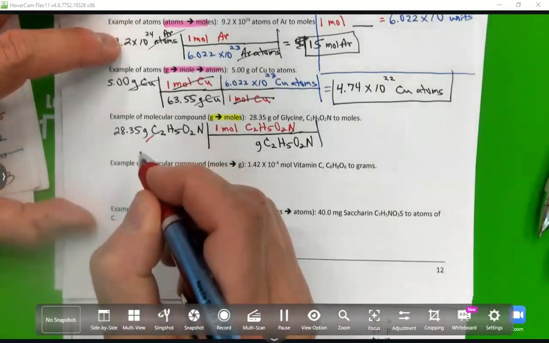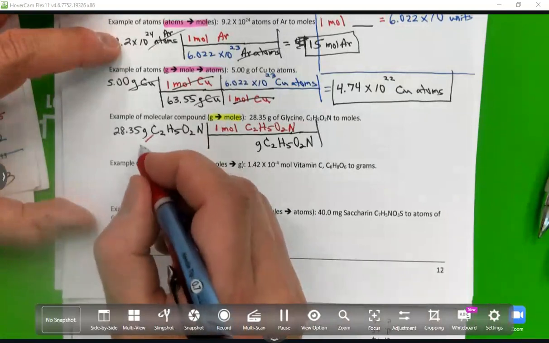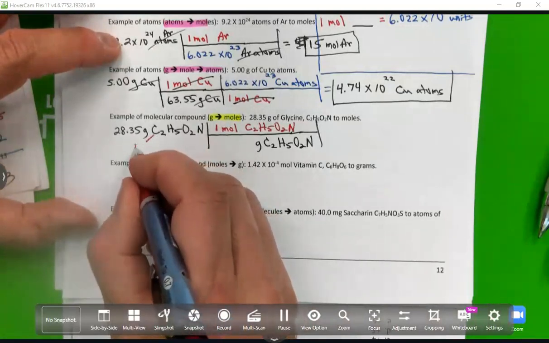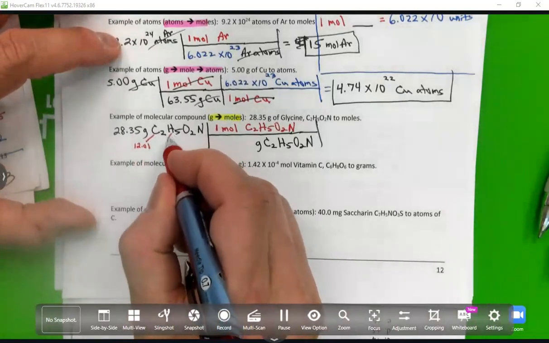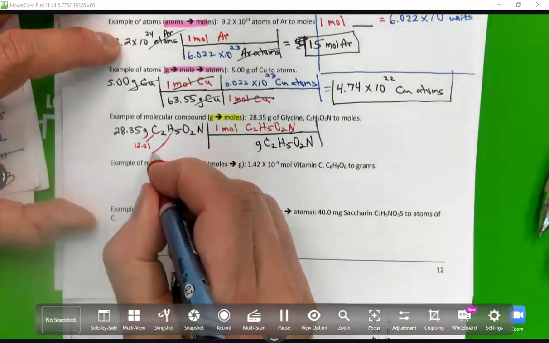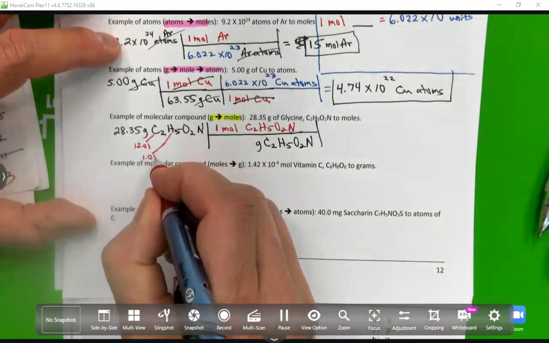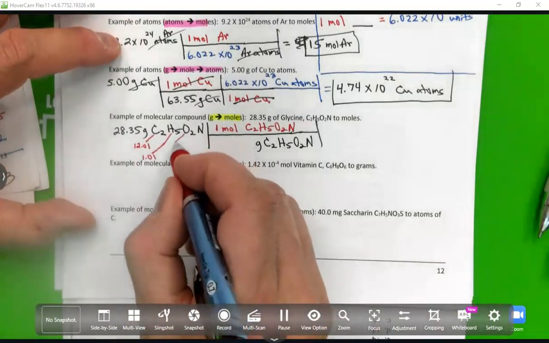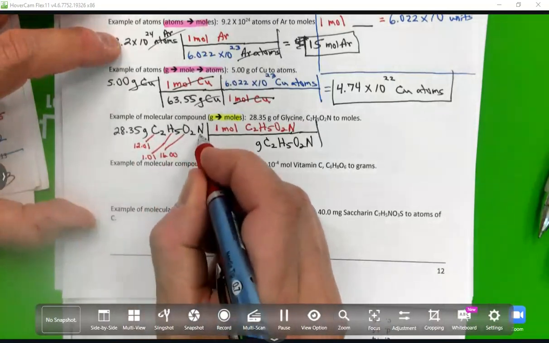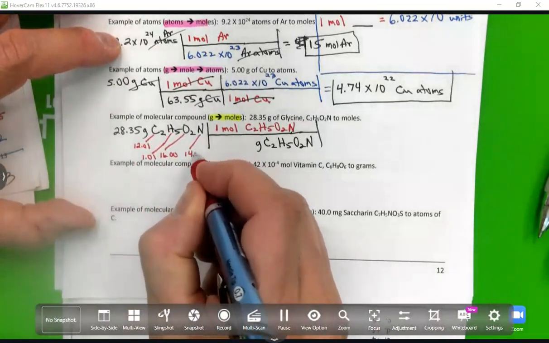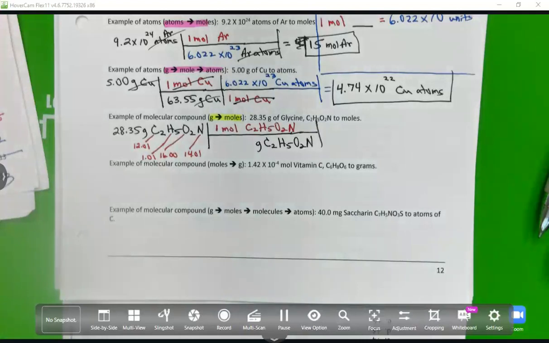Carbon. What is it from the periodic table rounded to 2 decimal places? Carbon, 12.01. Hydrogen, 1.01. Oxygen, 16. Nitrogen is 14.01. You'll start memorizing those.